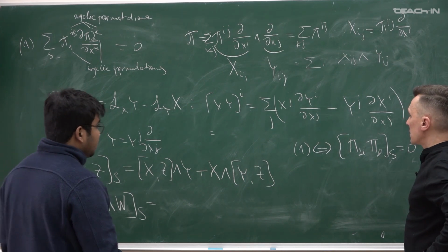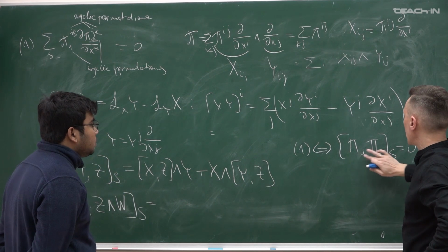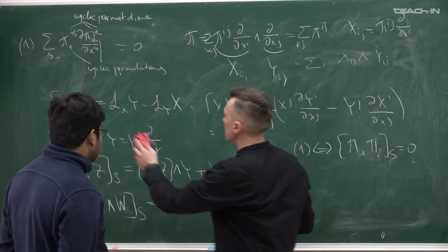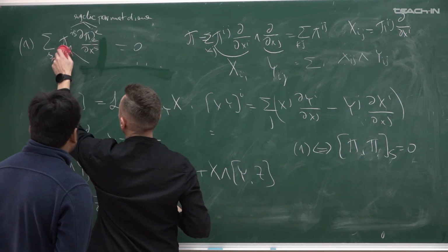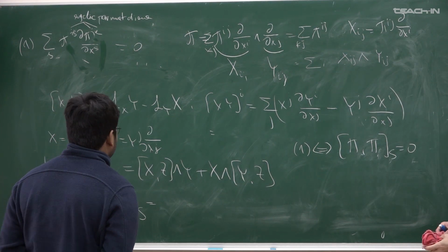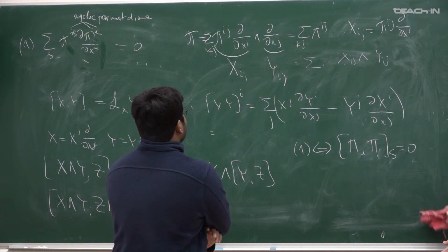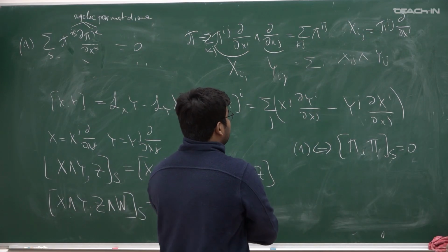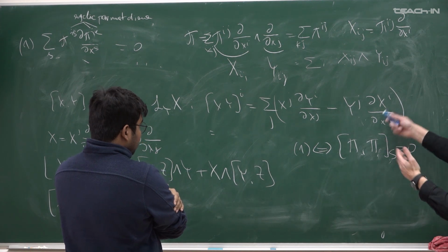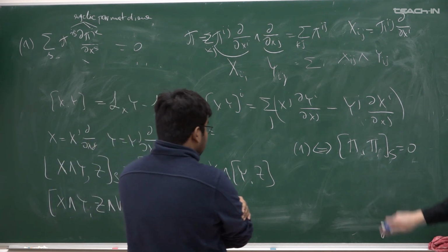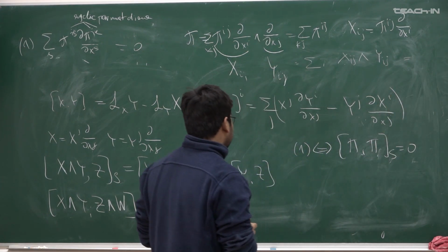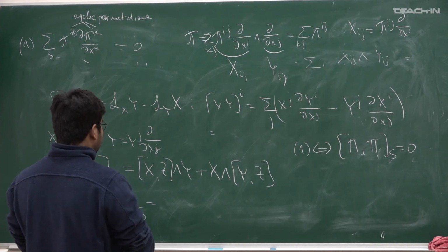So in fact, the simplest calculation is with one pi. So maybe it's good to make this calculation first, just with one bivector. And now we need to show that it somehow goes to 0, right? It will be 0. Yes, we have to show that it is equivalent to this condition. But how can I find here the definition of these pi's?